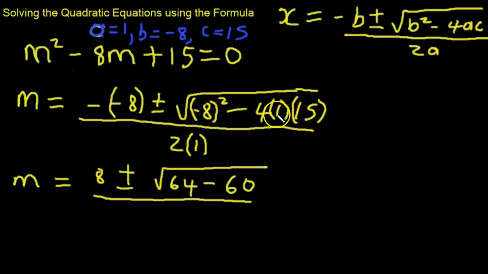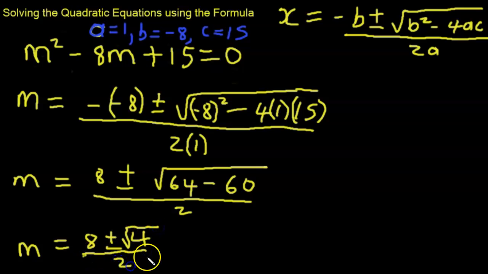Alright, so the result will be negative 60. 2 times 1, 2. So m is equal to 8 plus or minus the square root of what? 64 take away 60? 4? Square root of 4. All upon 2.